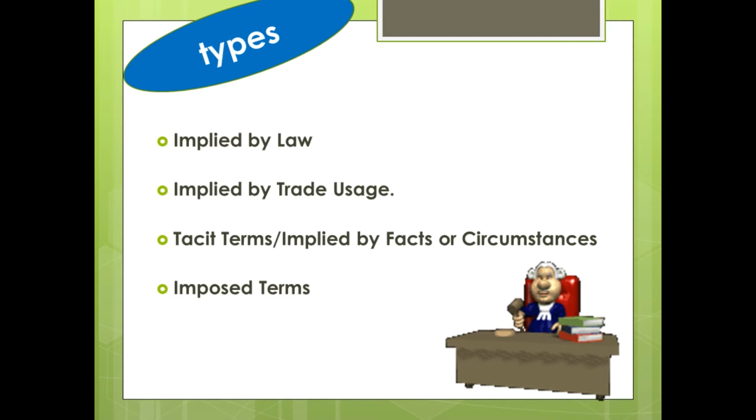Then lastly, we have time terms. These are terms as to time of performance. This is implied when the contract outlines the exact time when the contract should be performed. Those are the types of implied terms.